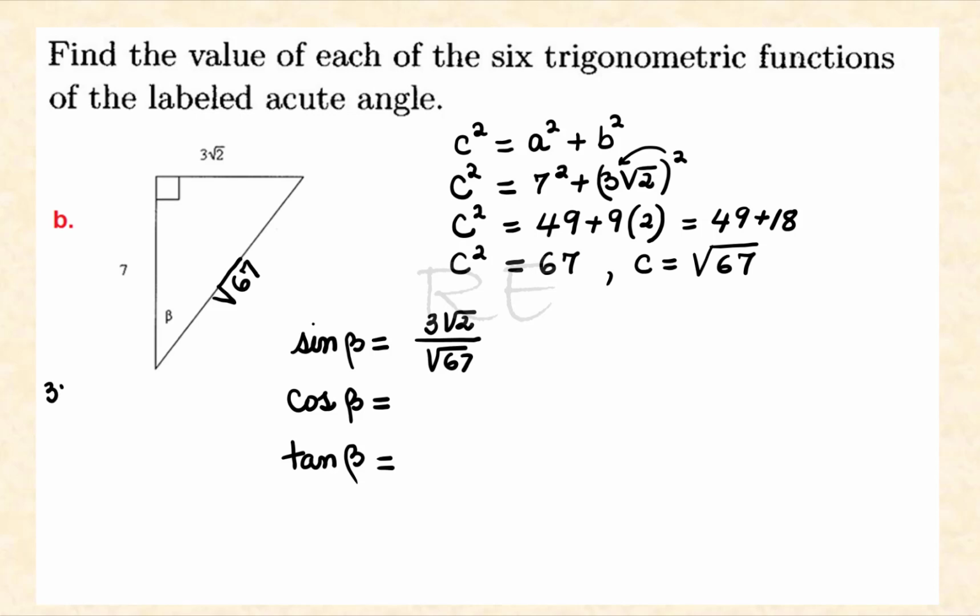When we rationalize, we multiply 3 square root of 2 over square root of 67 by square root of 67 over square root of 67, and our answer will be 3 square root of 134 over 67. So another version of sine beta is 3 square root of 134 divided by 67.